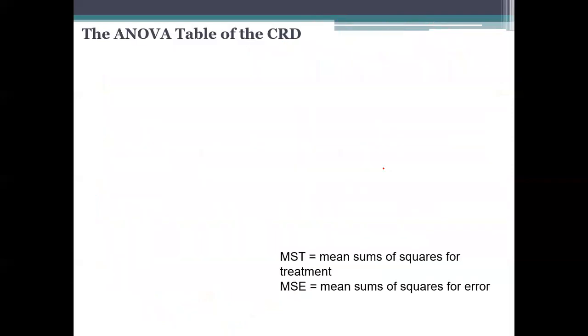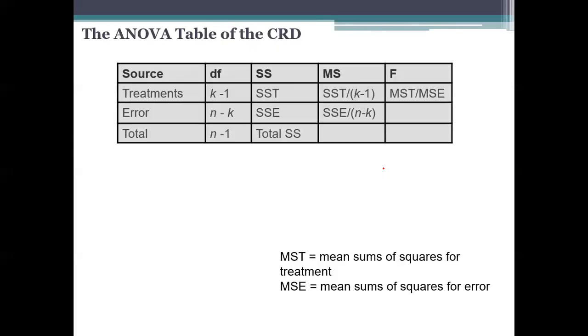But first of all, I strongly recommend all of you to draw the ANOVA table of the CRD first, because if you draw this table, it will help you understand more and provide a clear explanation of what values you need to calculate.